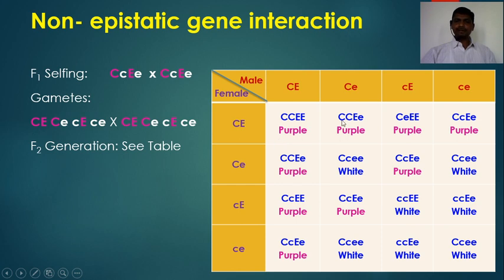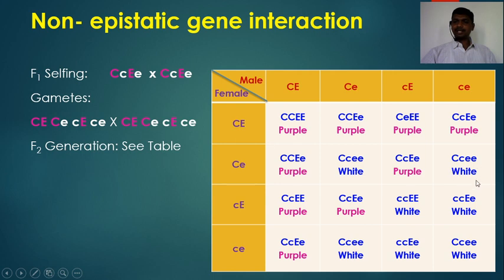Here also two alleles are dominant, one allele E is dominant, due to which the purple color. Here also if any two are dominant, it produces the purple color. In this case the flowers are white because only one allele C is dominant here. The allele E is recessive, because of which the color of the flower is white.